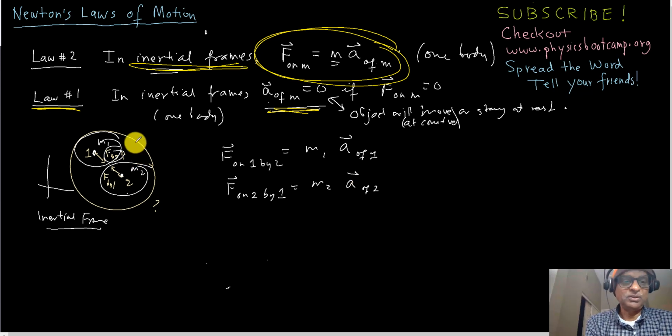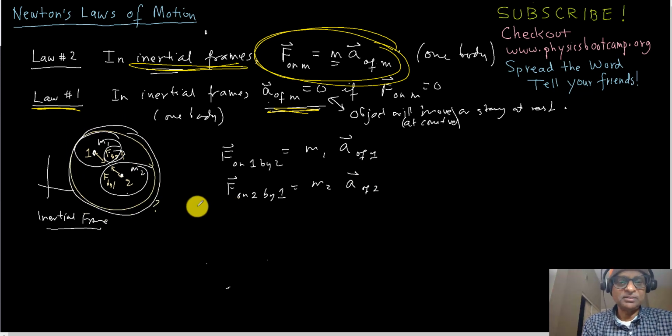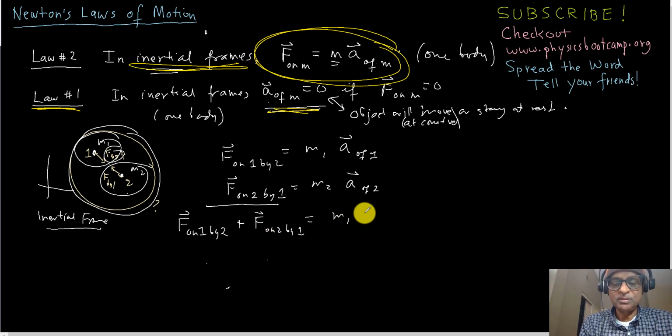So if I look at them together, let's see what happens when I add them. This side is the sum of the two forces: F on 1 by 2 plus F on 2 by 1 is m1 a1 plus m2 a2. Drop the offs, okay?